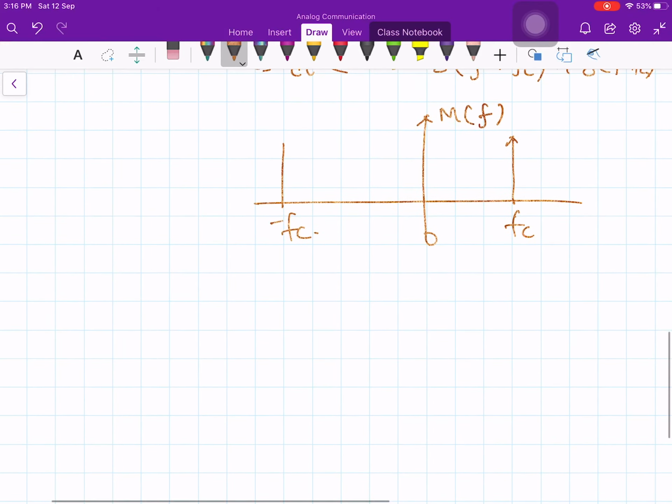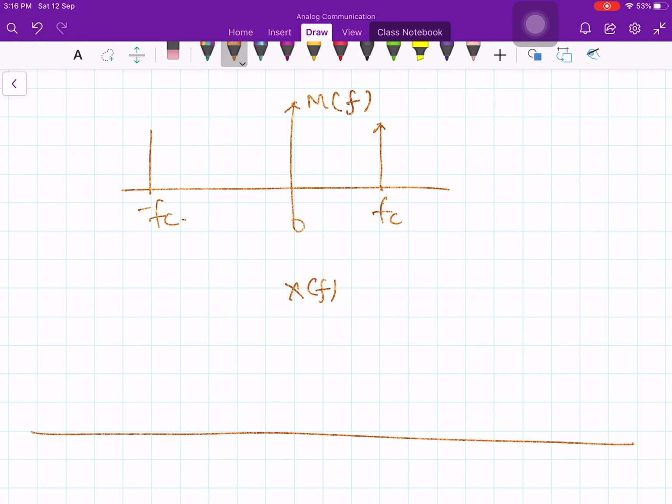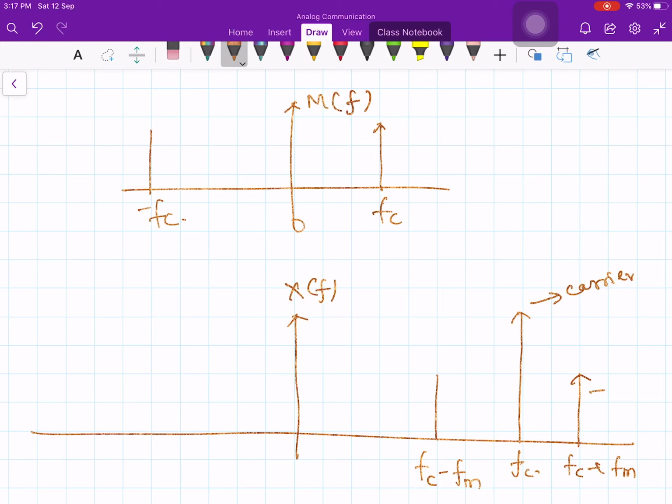After modulation, the spectrum of x of t is X of f. The spectrum looks like this. You have the impulse function at f_c, which is the carrier, and at f_c plus f_m and f_c minus f_m you have the message signal components. Sorry, this is the carrier, this one is the upper sideband and this one is the lower sideband.